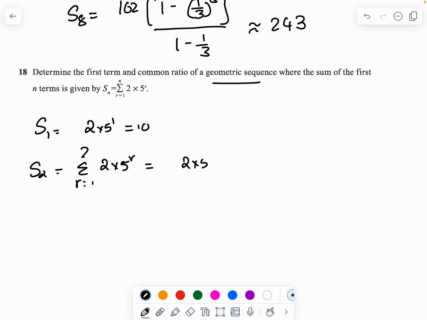So 2 times 5 power 1 plus 2 times 5 power 2, which is 10 plus 50, which is going to be 60. So this is u1, this is u1 plus u2.